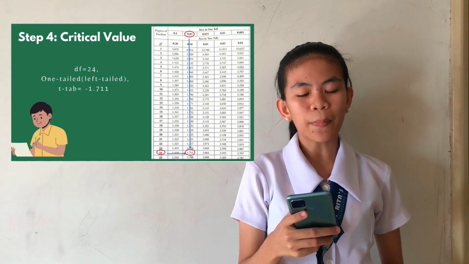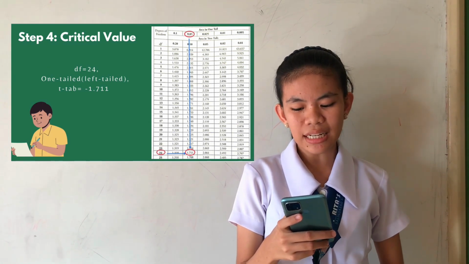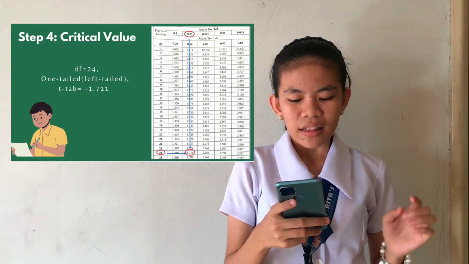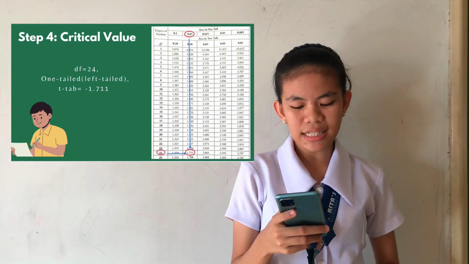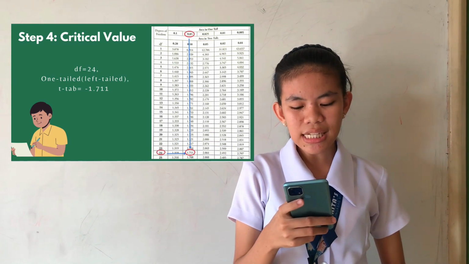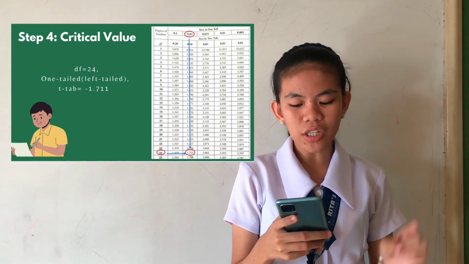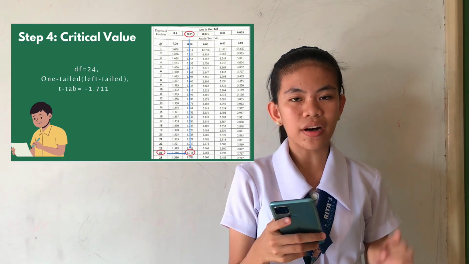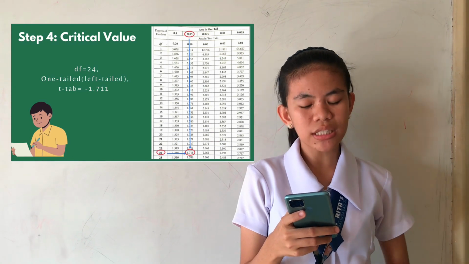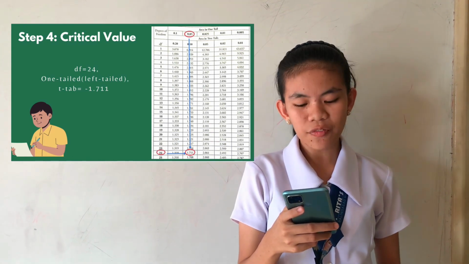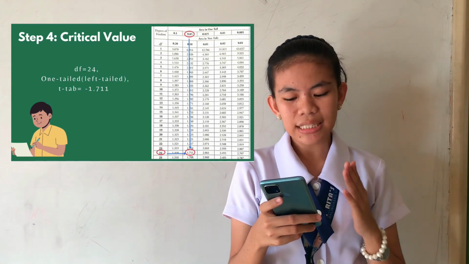Since the alternative hypothesis is mu less than 100, then the one-tailed test should be used, since it uses the less than symbol. Using the t-table, locate degrees of freedom 24 and alpha 0.05. In a one-tailed test, we need to determine if it is a left-tailed or right-tailed test.